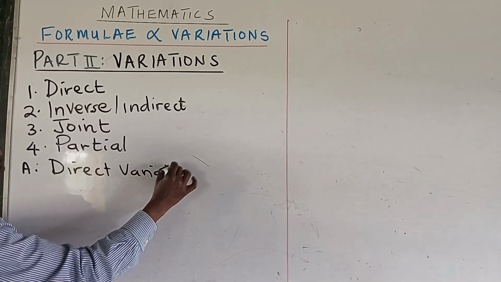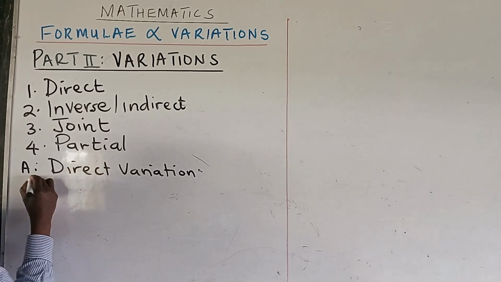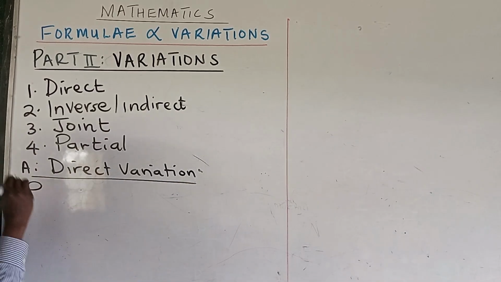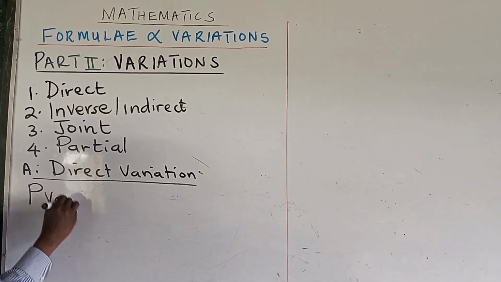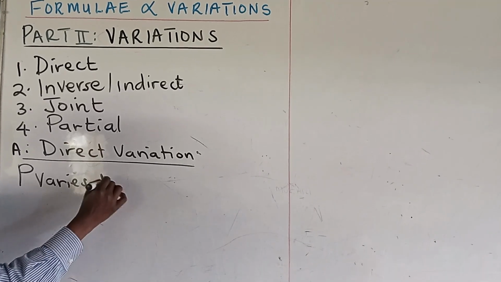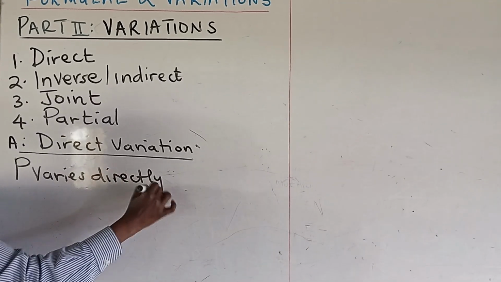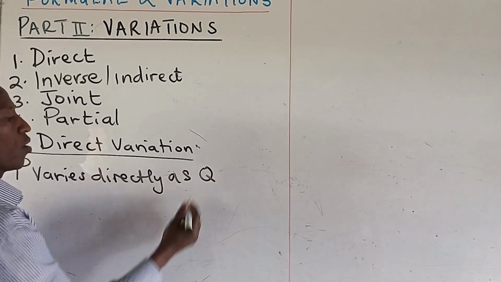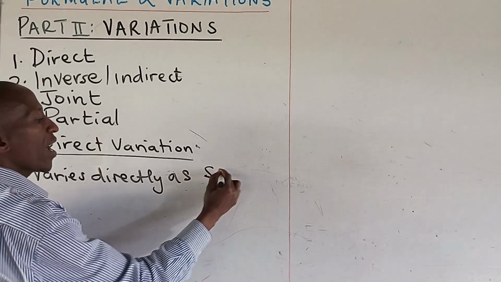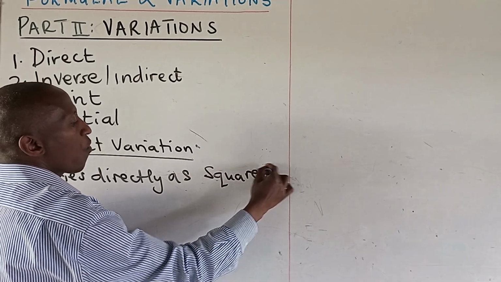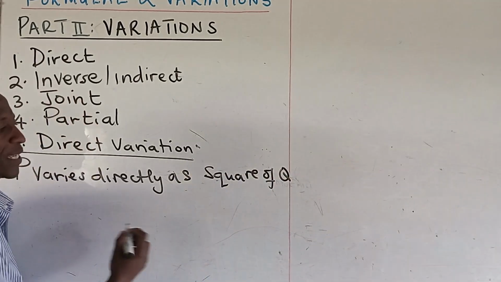You find that when 2 quantities, let us say P varies directly as Q, or as the square of Q, how do you express this one?